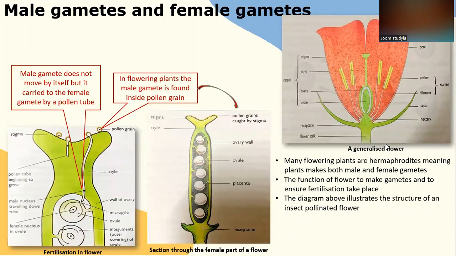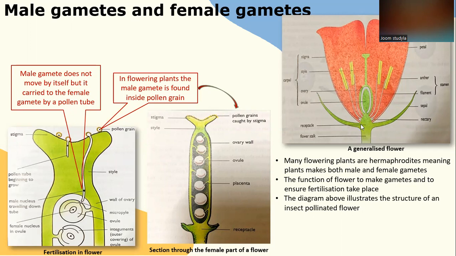Male gametes and female gametes. From this diagram of fertilization in flowers, you can see that in flowering plants, the male gamete is found inside a pollen grain. The male gamete does not move by itself, but is carried to the female gamete by a pollen tube. You can see from here, the male gamete has almost reached the wall of the ovary.